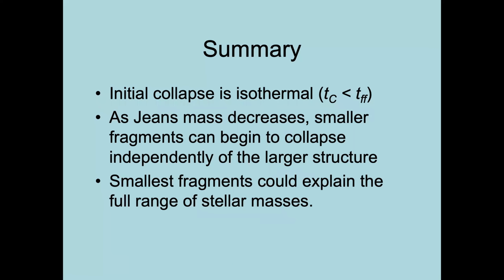So a little summary, and then we can stop for a few minutes if you wish. The initial collapse here, remember, is isothermal because the cooling time is less than the dynamical time. Then, of course, if your Jeans mass decreases, you can have smaller fragments, so you have fragmentation of a cloud.